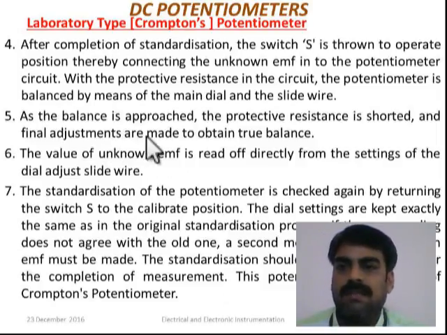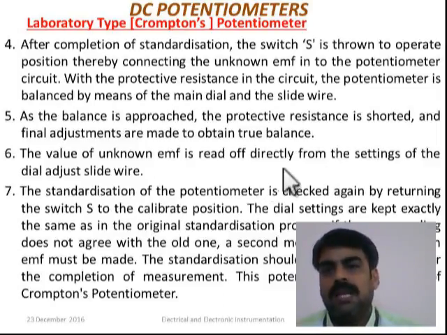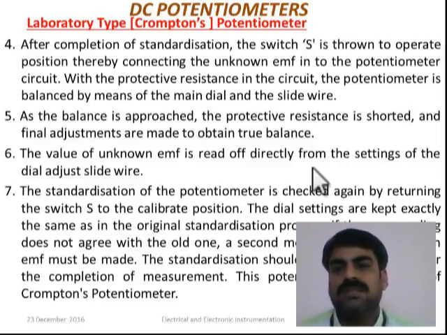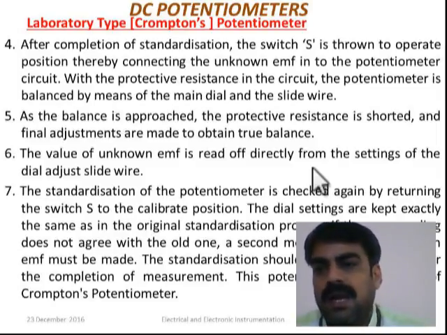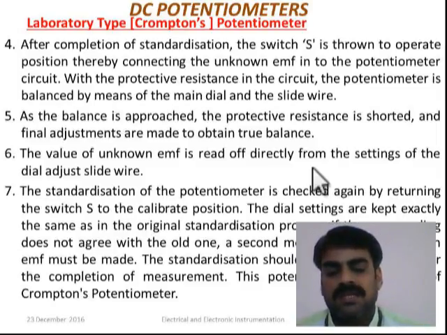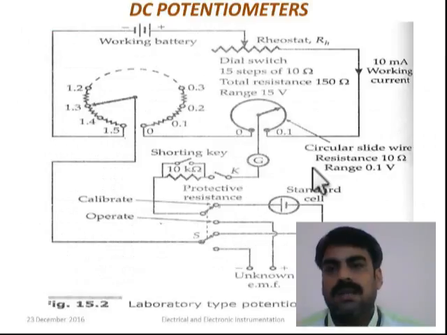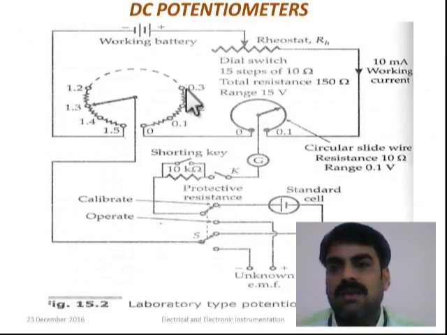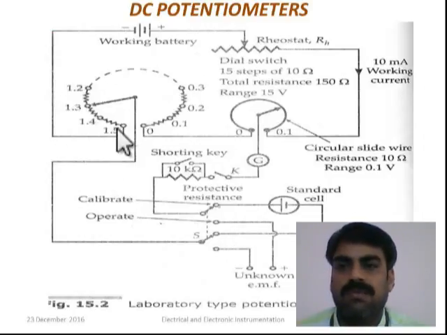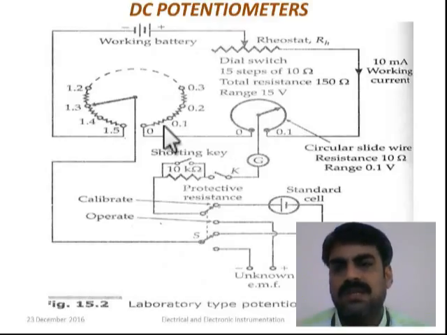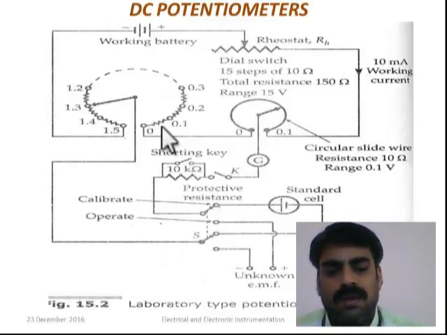Fifth point, as the balance is approached, the protective resistance is shorted, and fine adjustments are made to obtain the true balance. The value of the unknown EMF is read off directly from the settings of the dial and slide wire, because in the basic circuit diagram we have seen that the dial itself has a scale to read the voltage value. From the main dial we can read up to 1.5, and from the slide wire up to 0.1. Together we get 1.6.